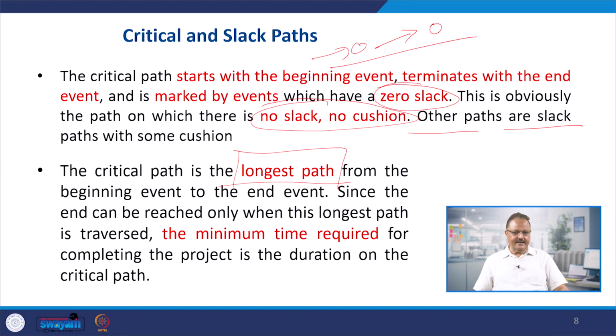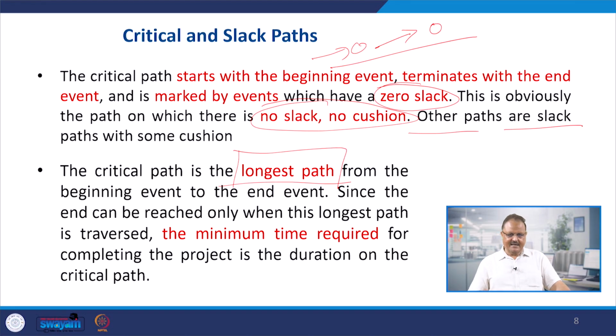Understand it very clearly. The critical path is the longest path, first thing, from the beginning event to the end event, because all the activities involved from the first activity to the last activity we have to take into consideration. Since the end can be reached only when this longest path is traversed, the minimum time required for completing the project is the duration of the critical path.